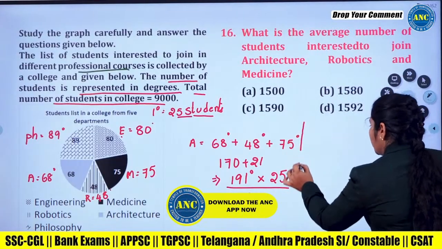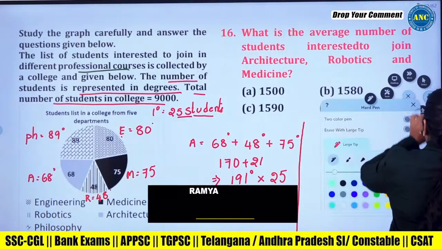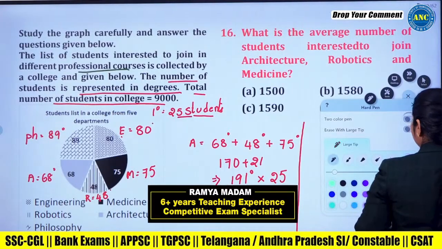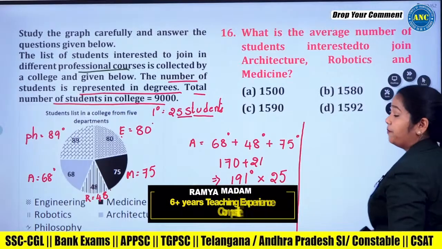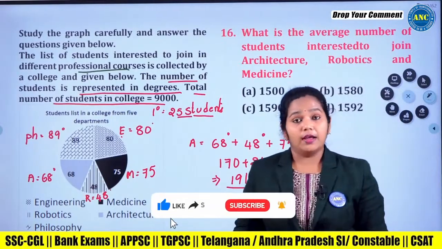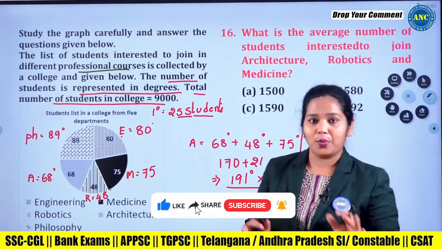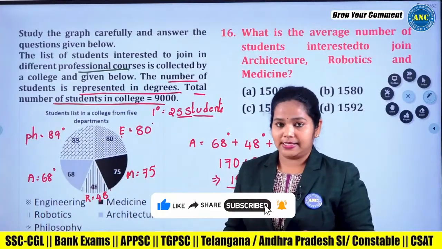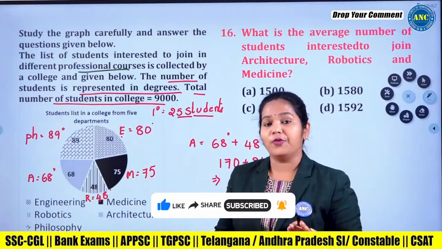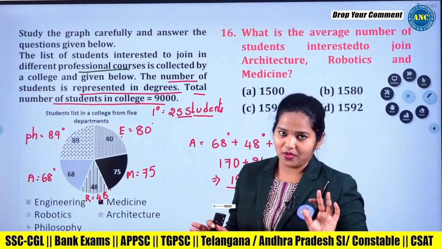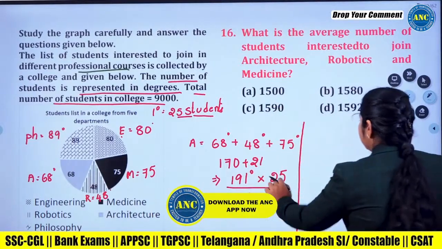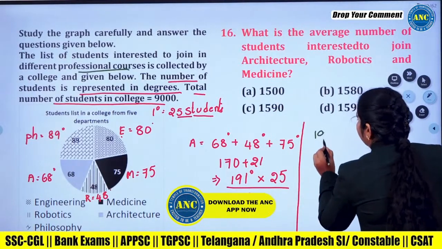I will share you a trick to calculate 25 multiples. Whenever you have to multiply a number with 25, let us see in simpler ways how we can do it.